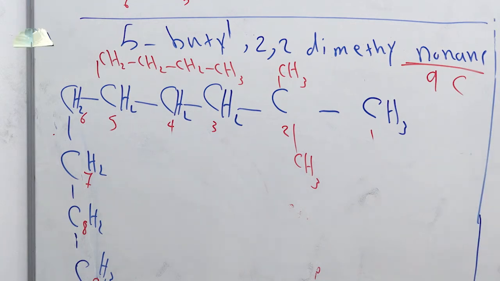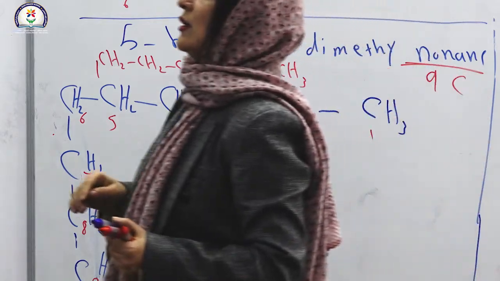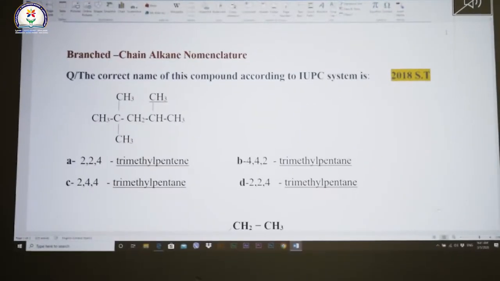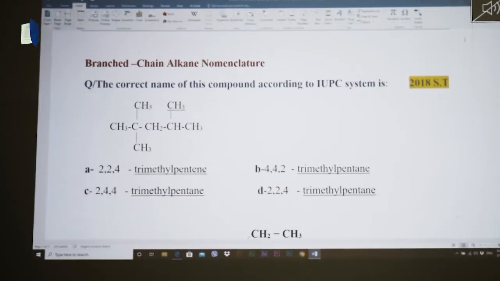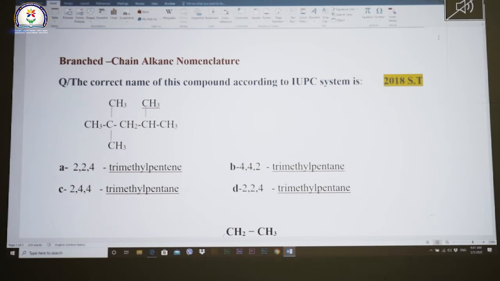I'm going to solve one question of the baccalaureate. This question came this year, 2018. The correct name of this compound according to the IUPAC system is, we have this. How to solve it?